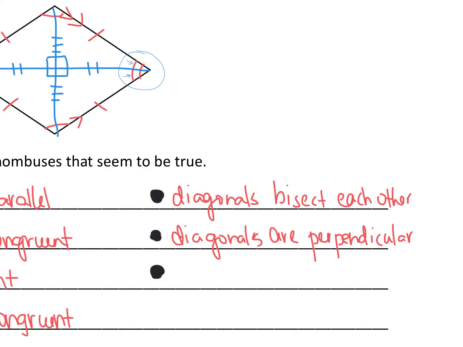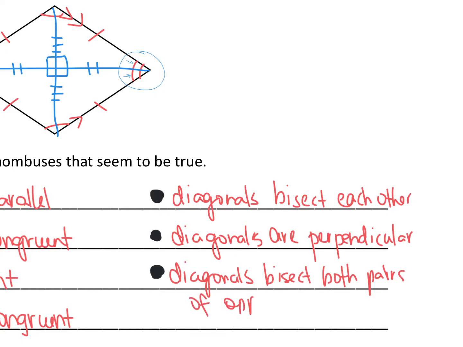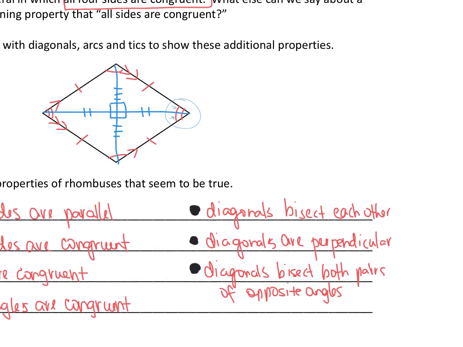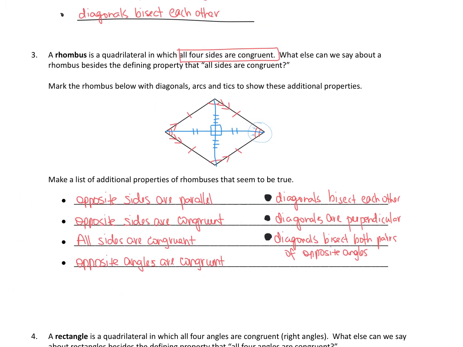Okay, and then our last one about the diagonals was what I was talking about for the opposite angles. The diagonals will bisect both pairs of opposite angles. Okay, so it looks like for a rhombus, we've got 7 additional properties going on.